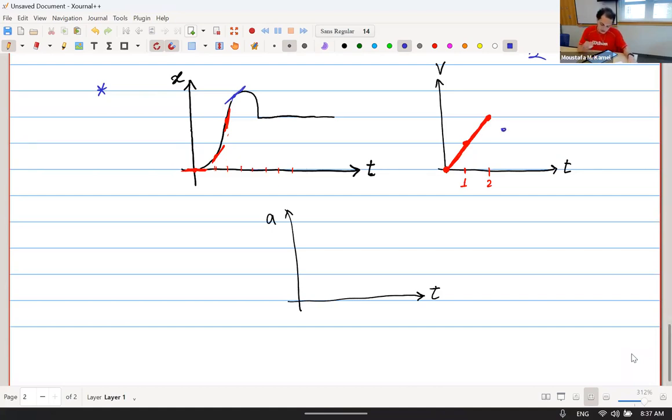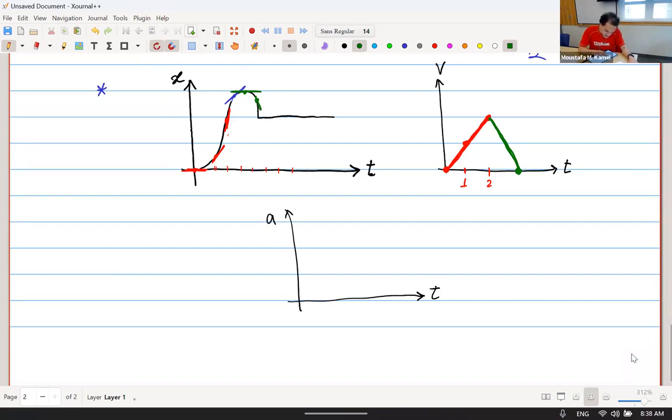So let's say here, and then at the very top, it becomes horizontal again, which means 0 velocity. So velocity must have hit the 0 point on this axis. So if we connect the dots here, this will be something like this. Okay.